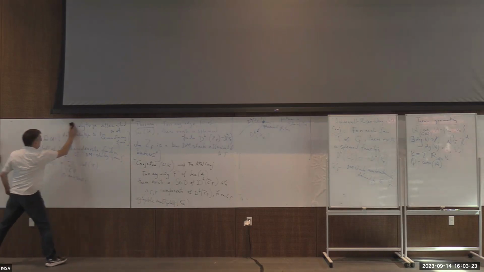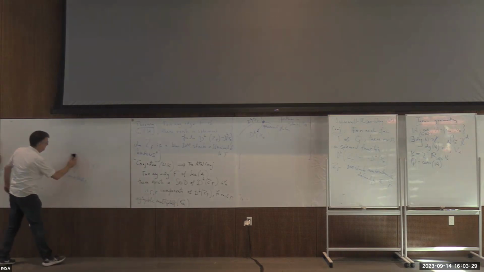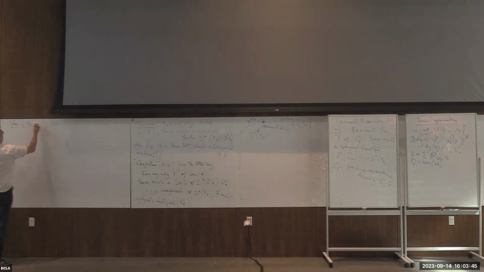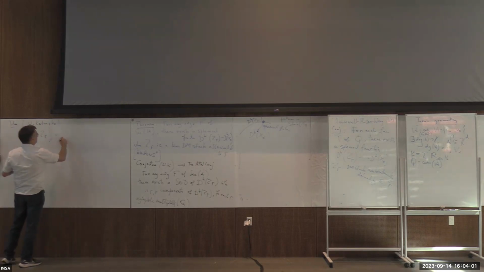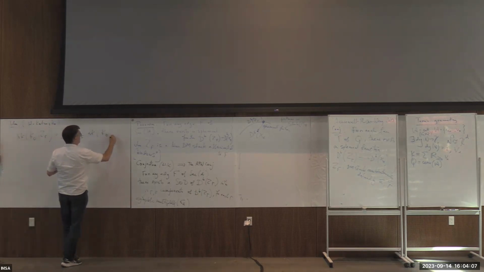So the numerical theorem we have is the following: the rank of K0 of ZF is the sum of n gamma F times the rank of K0 of the Z gamma.